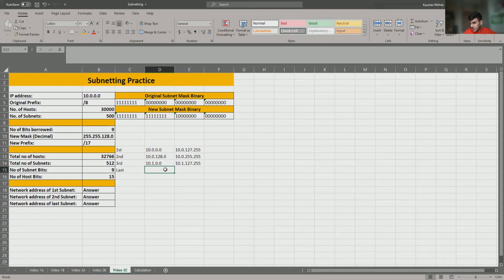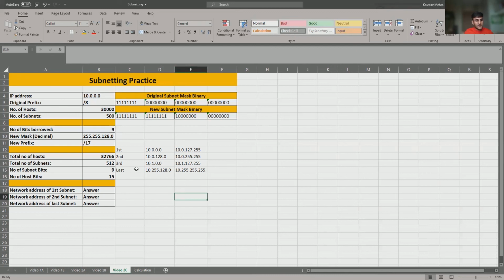And then we come all the way to the last one, which is 10.255.128.0, and the broadcast for this one would be 10.255.255.255.